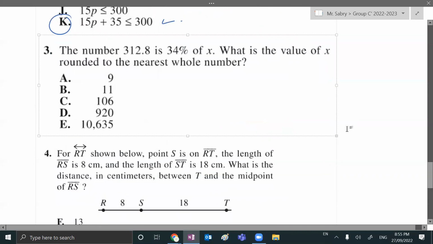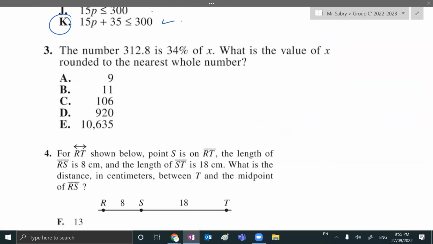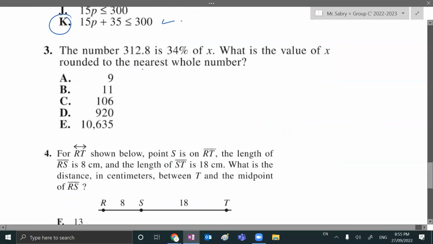Number 3. This is actually an easy question. They're saying 312.8 is 34% of x. What is the value of x rounded to the nearest whole number? Now, I think the easiest way to solve this is to say, since the 312.8 is equivalent to 34% of something, then x itself must be the 100%.